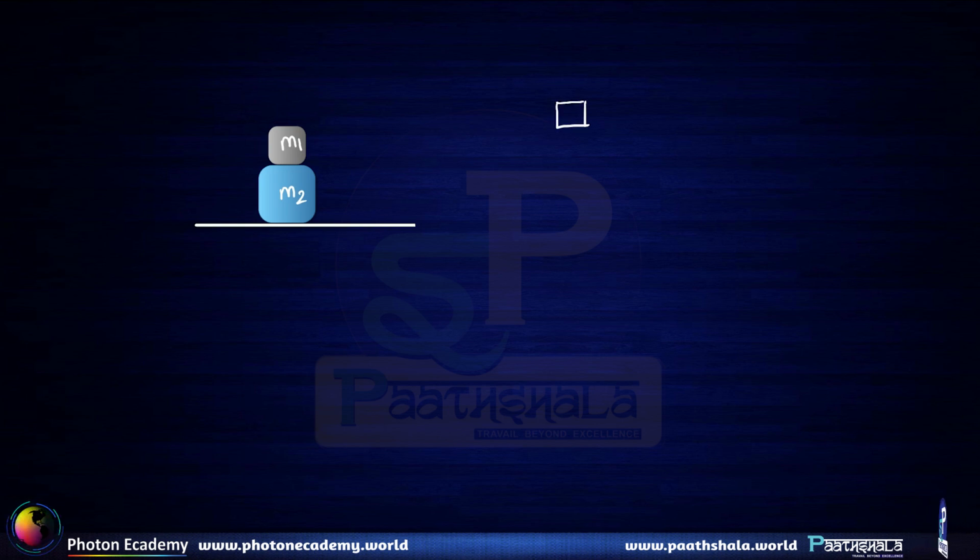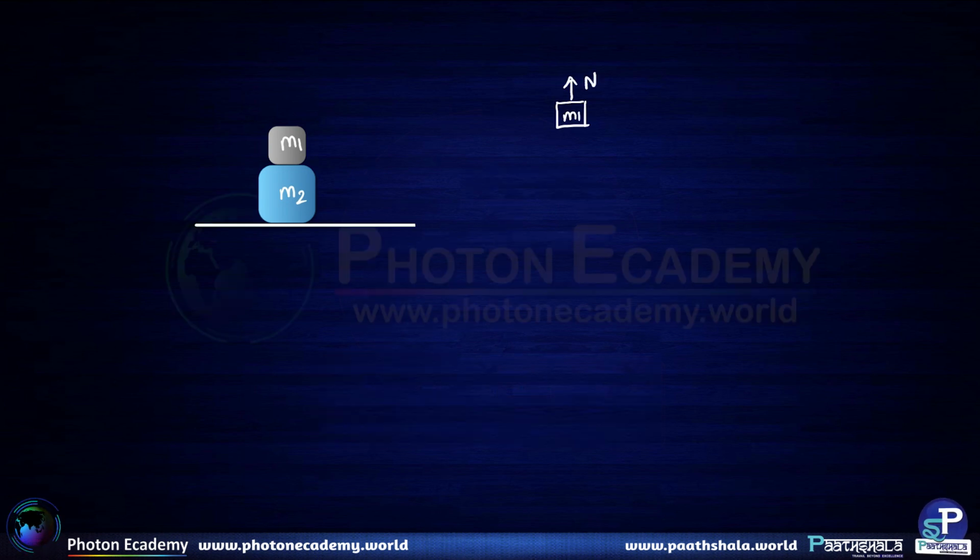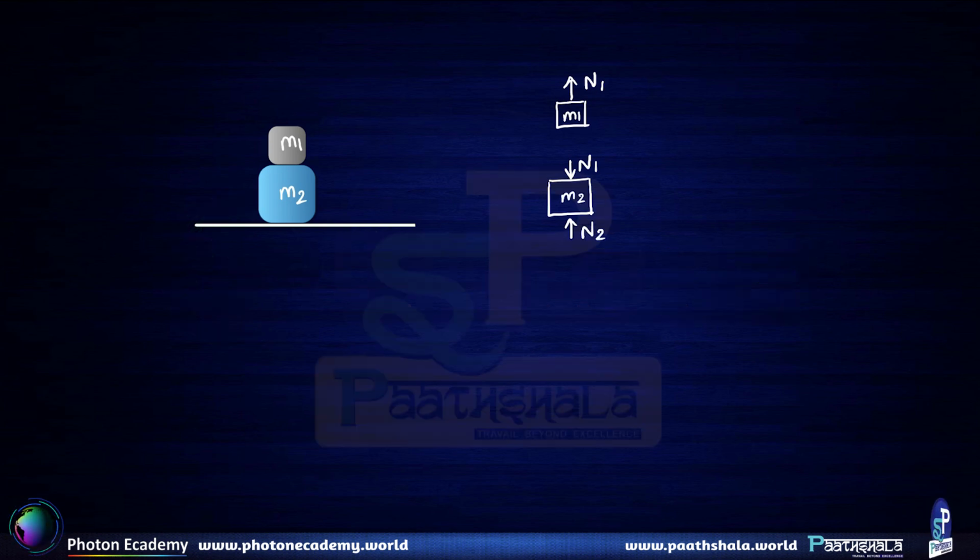On the small block of mass m1, the normal reaction in the upward direction will be N1, let us say. This N1 will also act on the block m2 in the downward direction. On the block m2, another force N2 will be acting in the upward direction, which is the normal reaction given by the floor on the block m2.